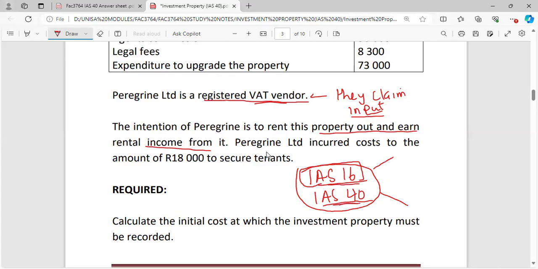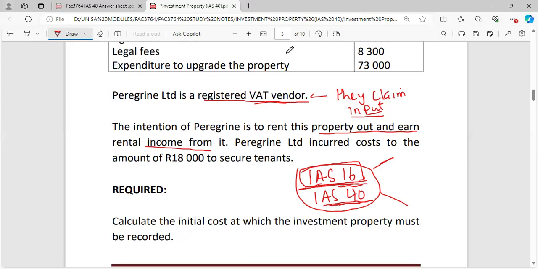Even if the question is one and it combines the two, you should split the two and come up with all those assets that go to PPE and all those assets that go to investment property. So when you do your disclosure of PPE, you should select everything that goes to PPE and everything that goes to investment property. Then you answer it that way.